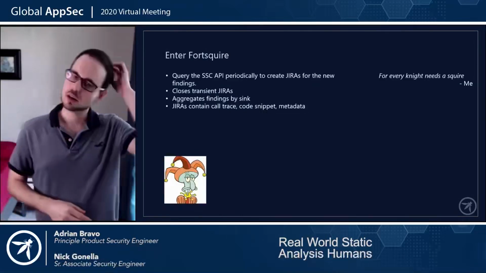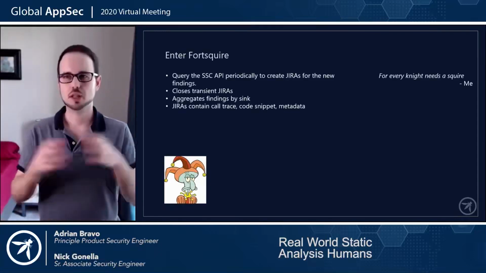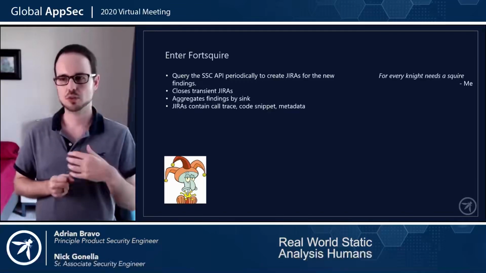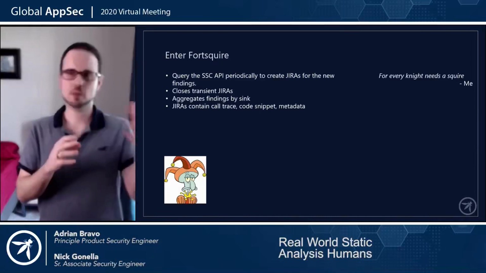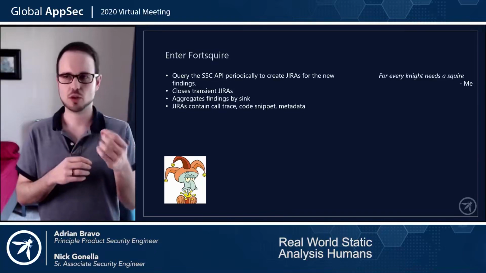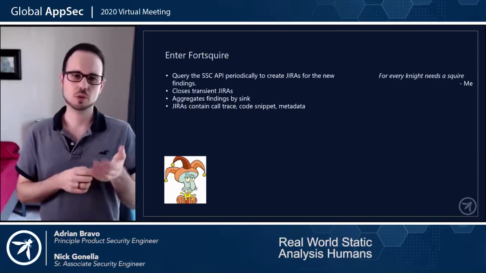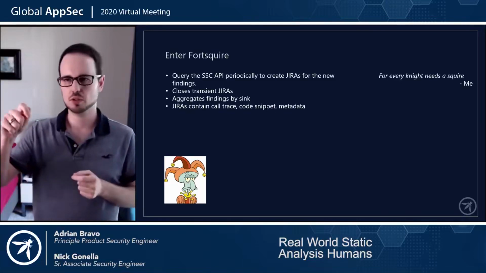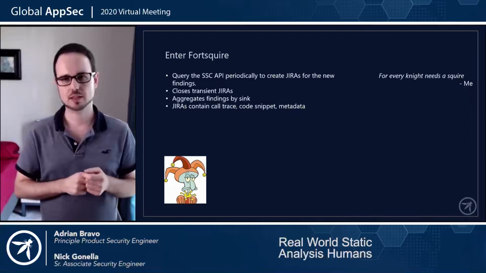Now, Foursquare is a service that we wrote in the spirit of trying to decouple from the vendor software and also to try and unify the workflow for us and the developers. So developers at Workday and security teams will track all bugs and issues identified in Jira. So what we do with Foursquare is we go to the API of the vendor's software, the SSC, and list the issues that were reported in the latest scan.